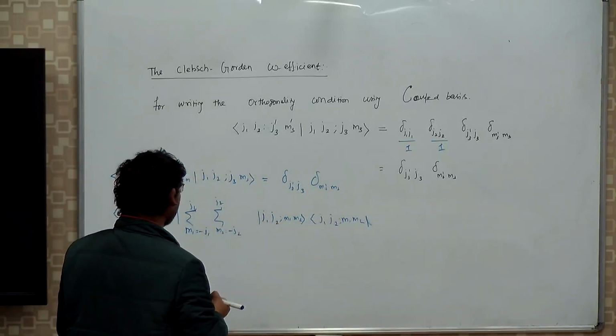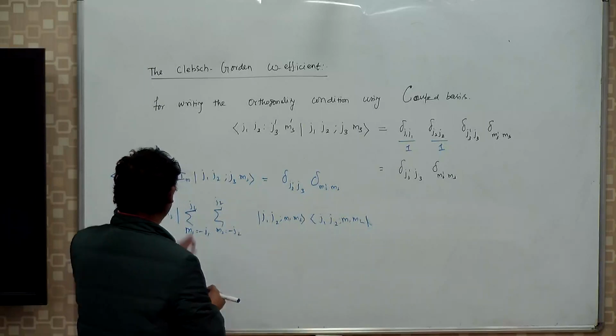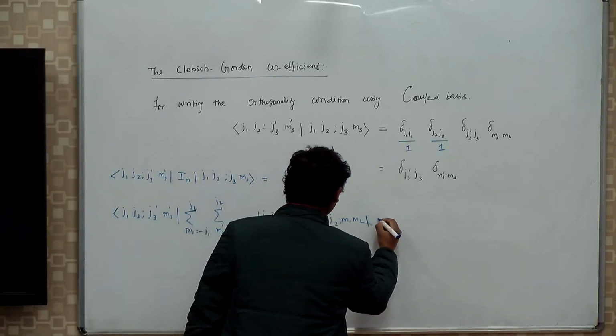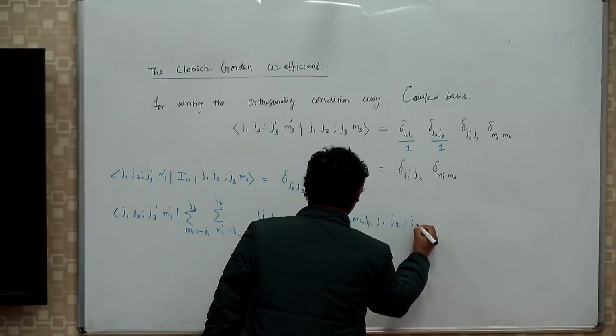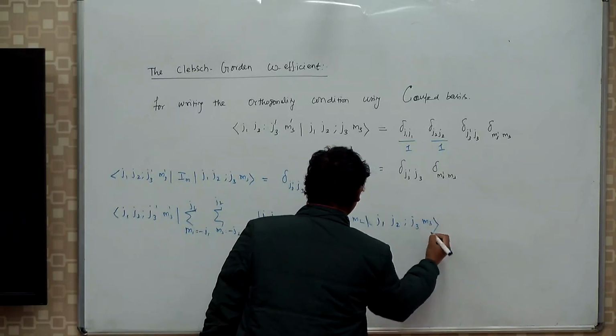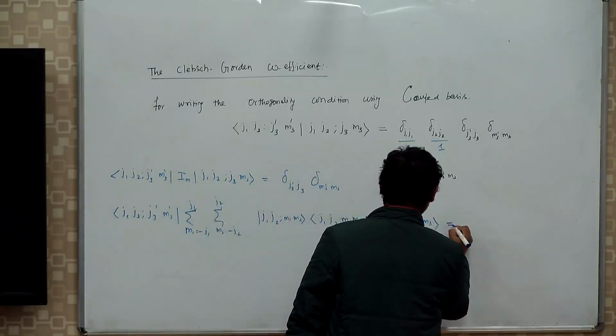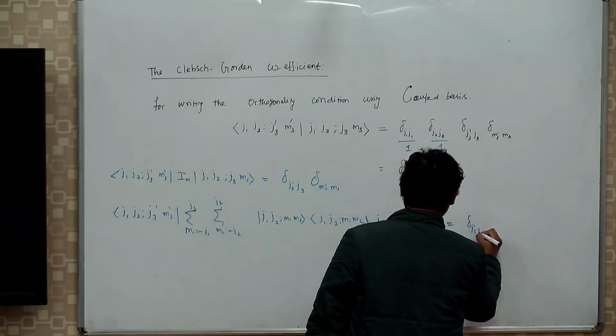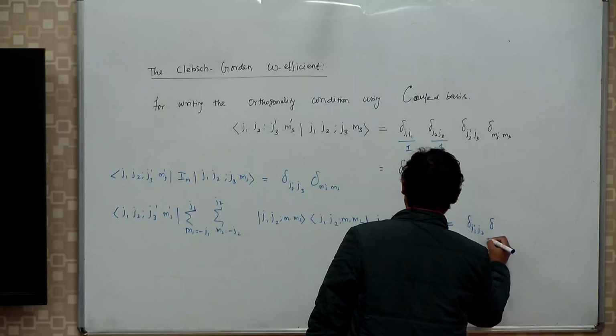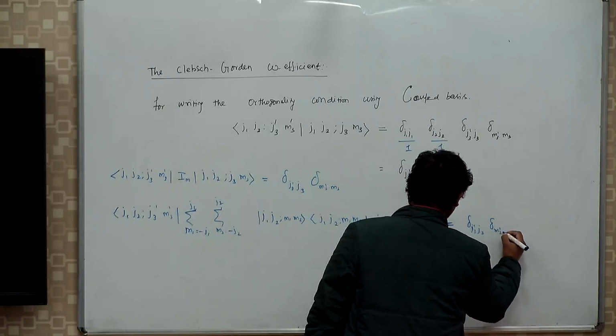Then after that we write this term, |j1 j2 j3 m3>, which is nothing but delta j3' j3 delta m3' m3.